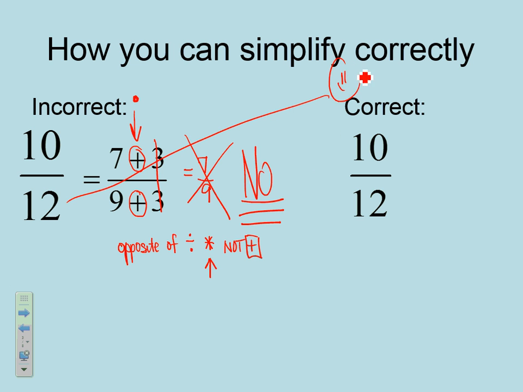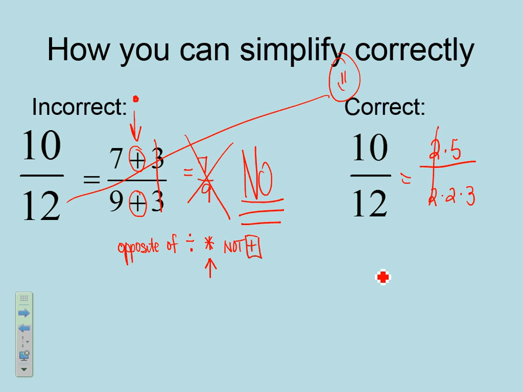Now the correct happy way. What are two factors of 10? 2 and 5. 2 times 5. Factors of 12: 2 times 2 times 3. Prime factorizations. 2 divided by 2, what happens?